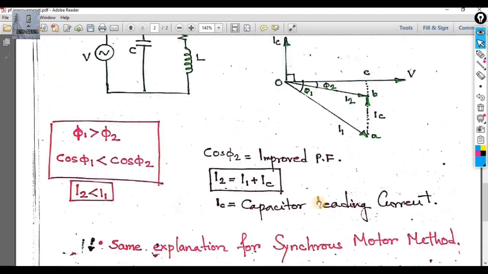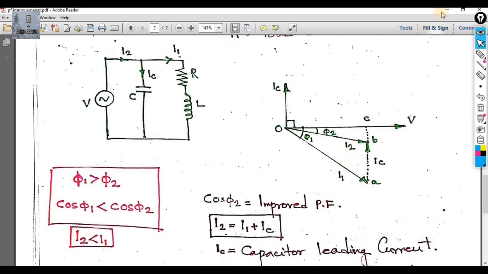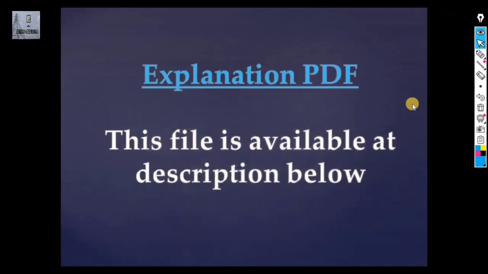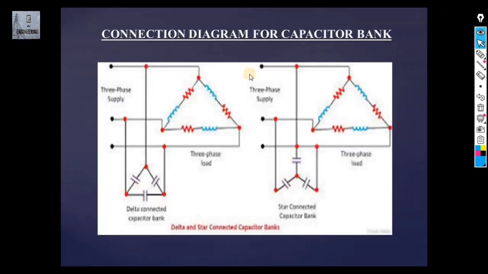Okay, so let's see some circuit diagrams of these connections. This is a connection diagram for a capacitor bank. It shows the delta connection and the star connection of a capacitor bank.